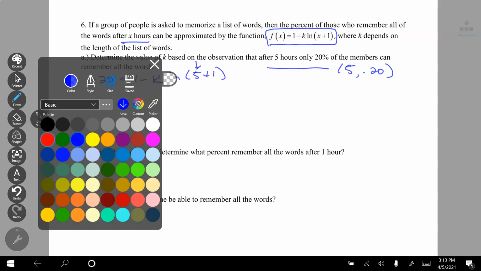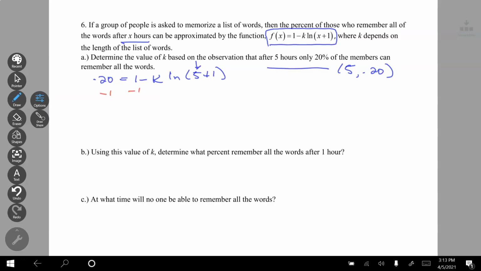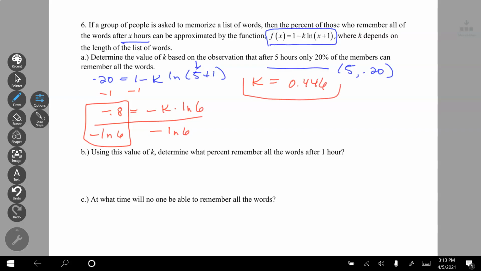I'm going to subtract 1. I get negative 0.8 is equal to negative k times ln of 6. I'm going to divide by negative ln of 6, divide by negative ln of 6. And I get k is equal to, according to my calculator, 0.446.